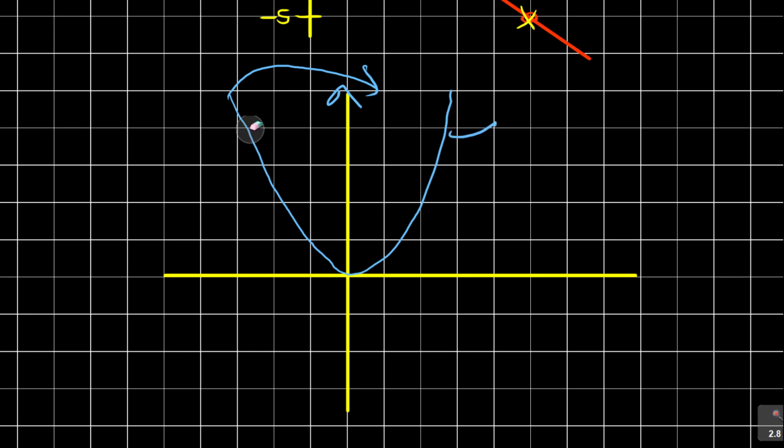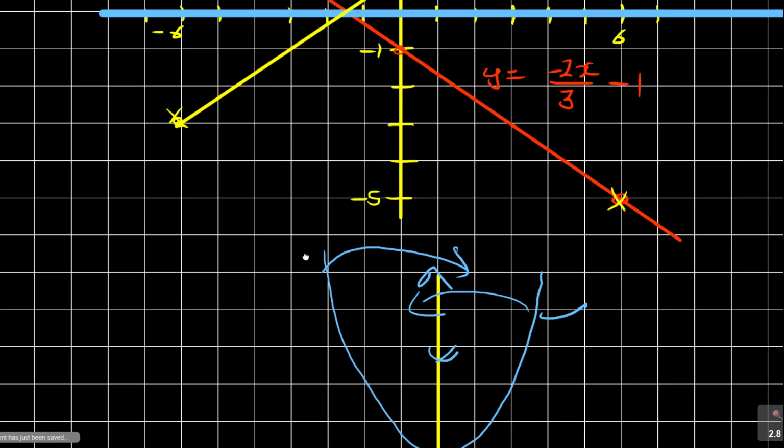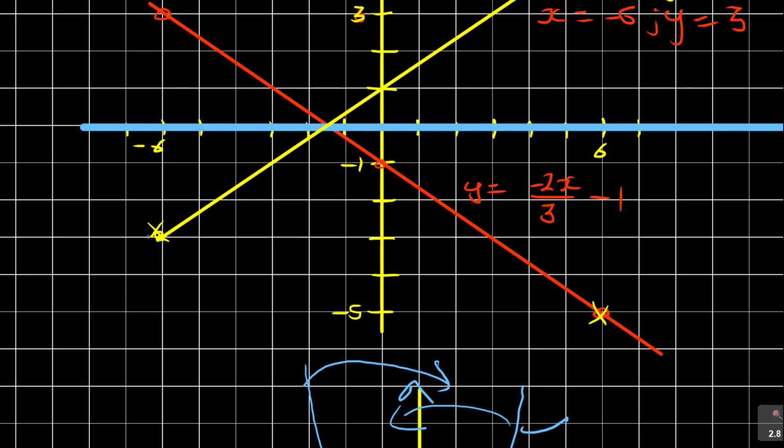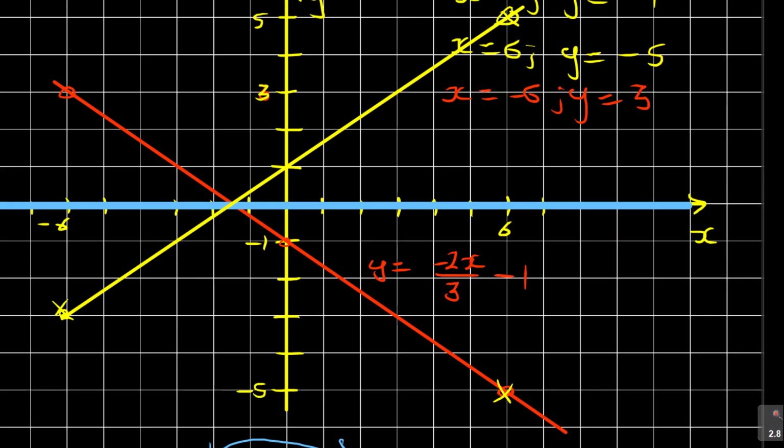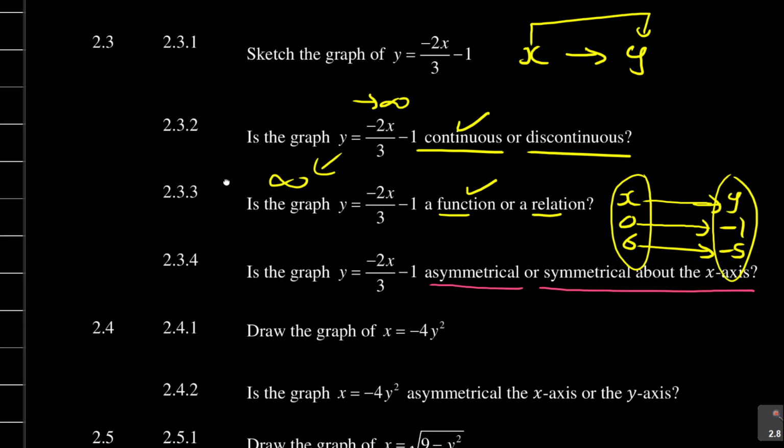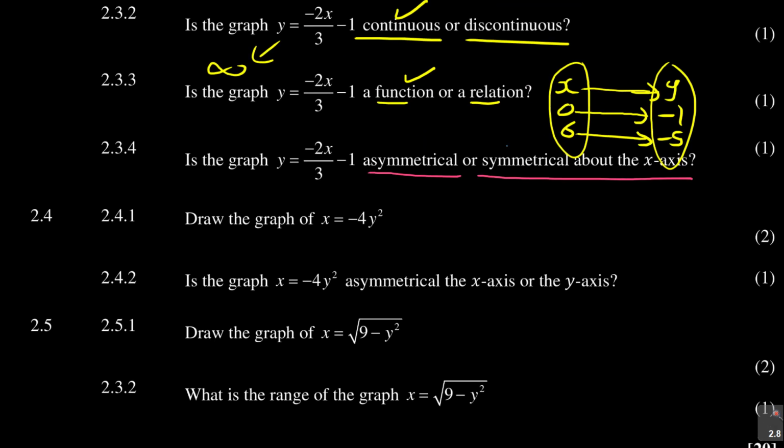You see, if I remove this graph and reflect it along this axis, I'll get a graph similar to this. So this graph is symmetrical when you reflect it along the y-axis, but when you reflect it along the x-axis, you are going to get a new graph. So that's not a line of symmetry. Even here, when I reflected it along the x-axis, I got a new, different graph. So this graph is asymmetrical. Alright, so that is the answer there: it is not symmetrical, but it is asymmetrical. So the answer is that.